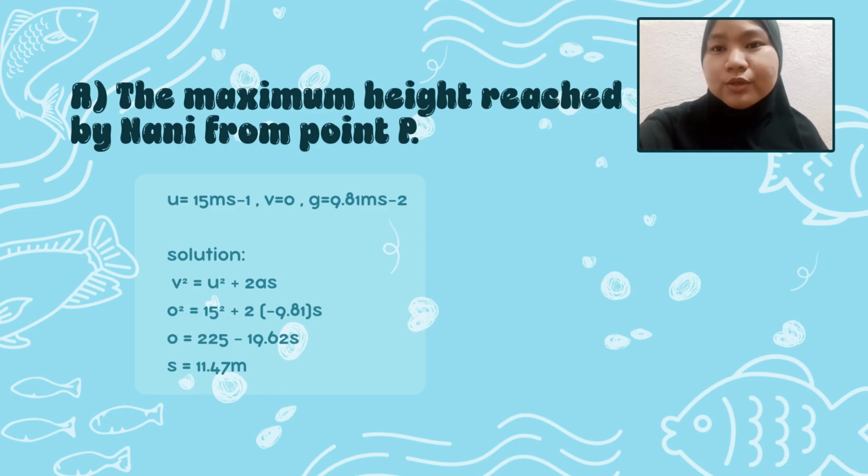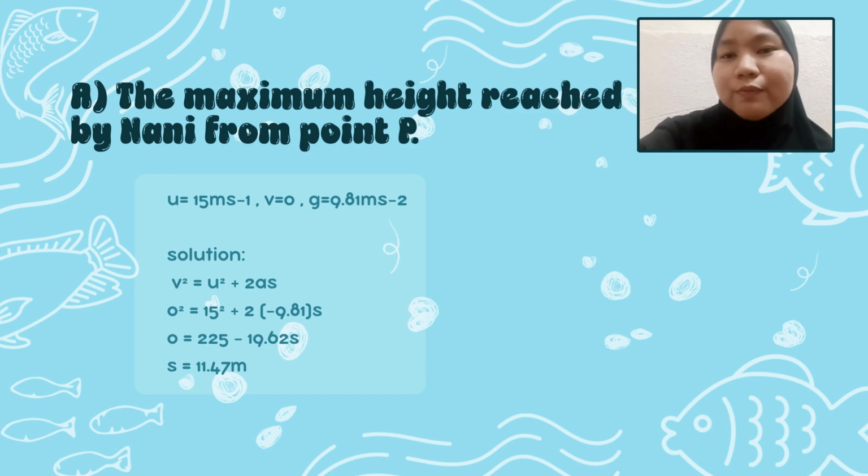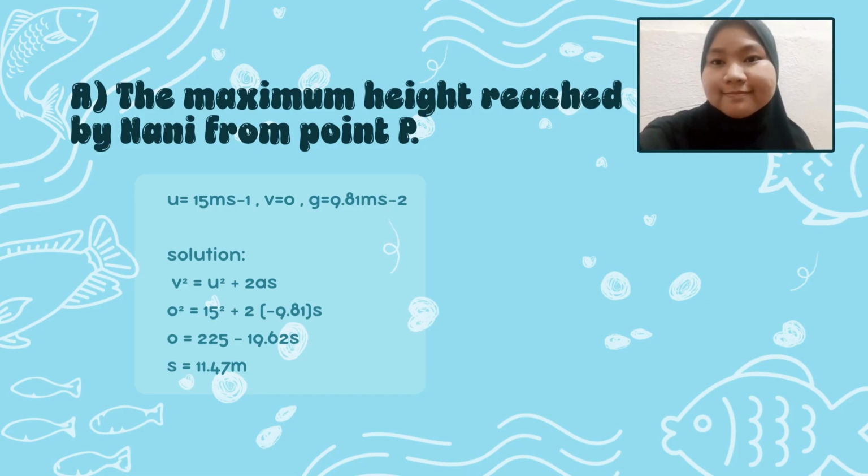Plugging in these numbers gives us 0 equal to 225 minus 19.62 S. After calculating, we get S equal to 11.47 meters, which means Nani flies 11.47 meters high above the starting point.